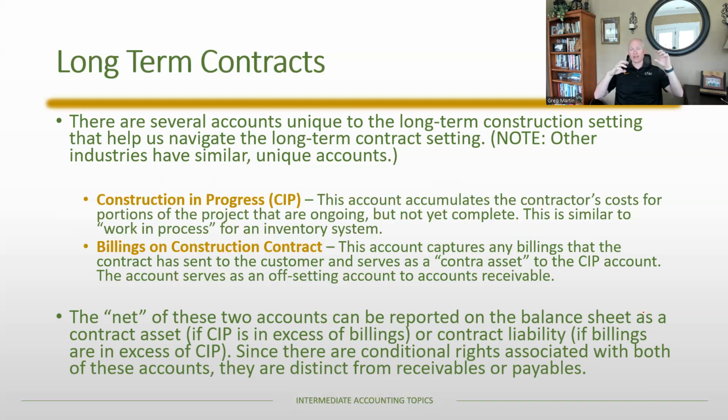We have these contract assets and contract liabilities because there are conditional rights. But with the unconditional portion, whether that's what you owe somebody or what somebody owes you, those are receivables and payables, and those are tracked separately. And again, we're going to see all this play out in this example, but just understand these are two brand new accounts, and it's allowing us to accumulate costs and accumulate billings for these long-term contracts.